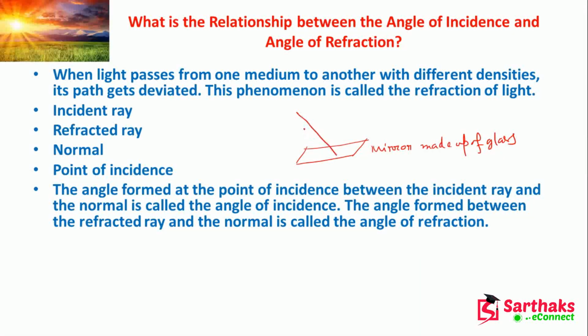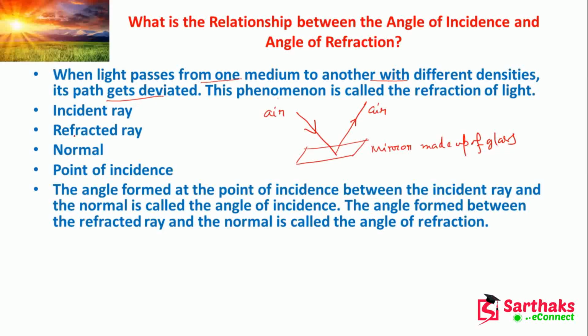Through the medium air, the incident ray falls on the mirror surface and it will reflect back to the air medium. When light passes from one medium to another of different density, its path gets deviated. This phenomenon is called refraction of light.